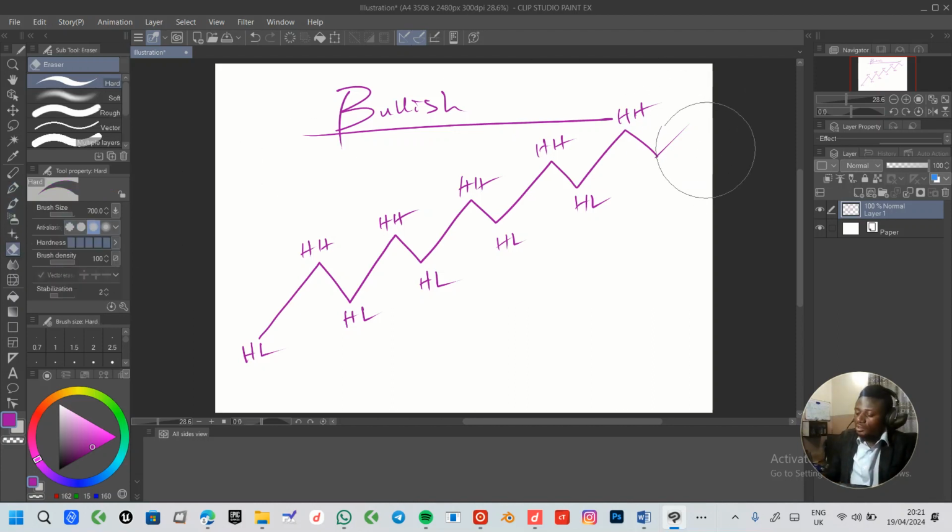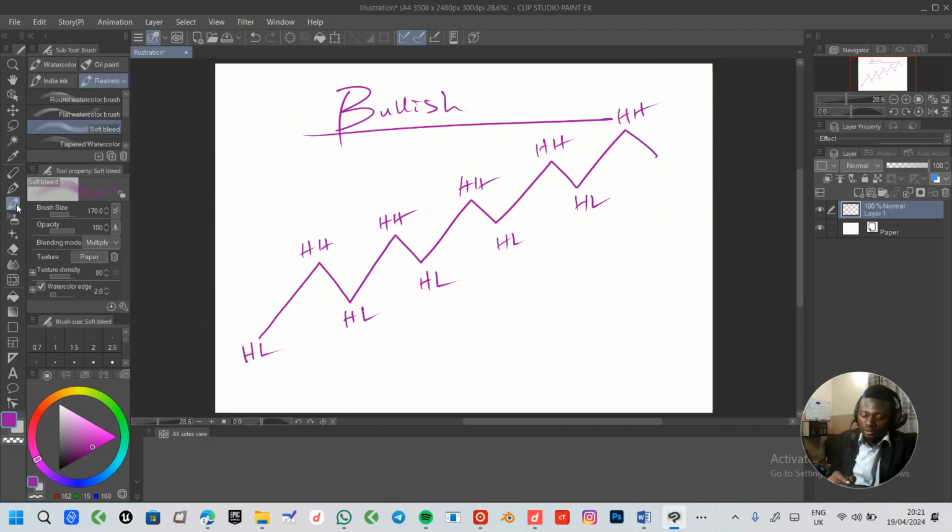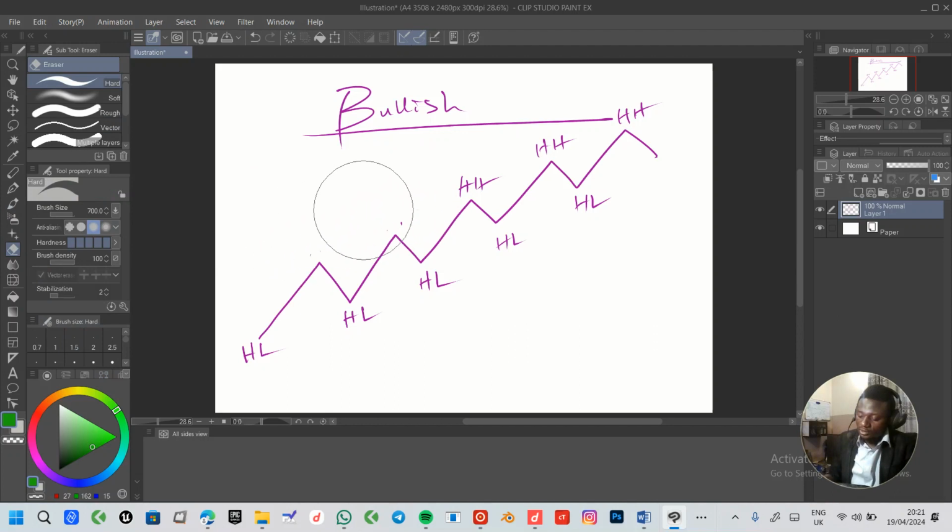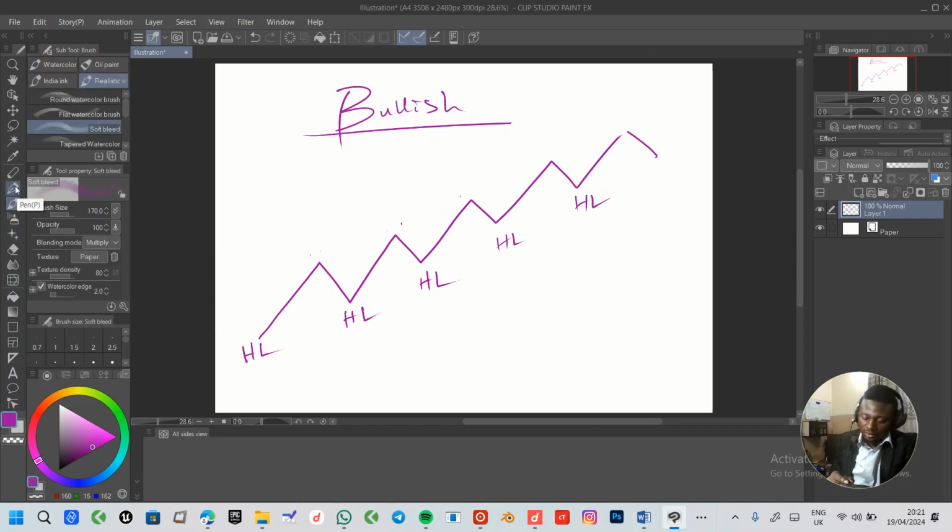Okay, now look at it. I want you to think of this as a person climbing an upstairs. Let me use a different color for the higher high.